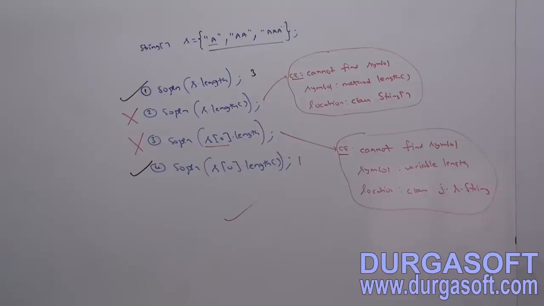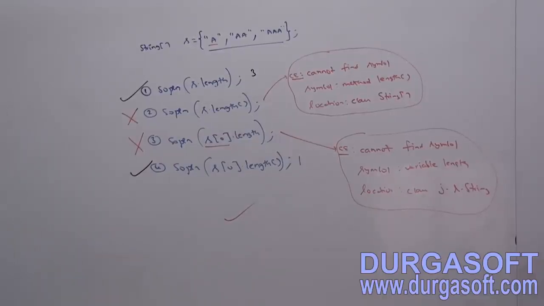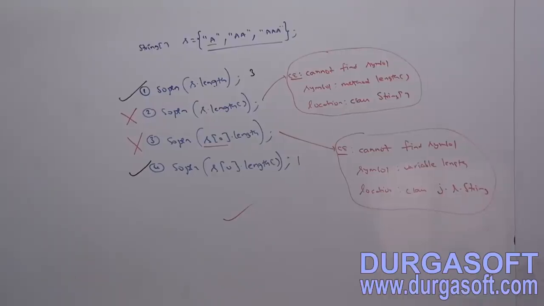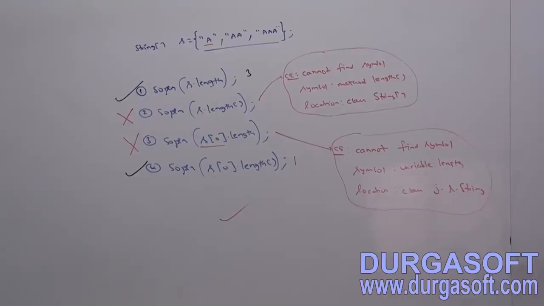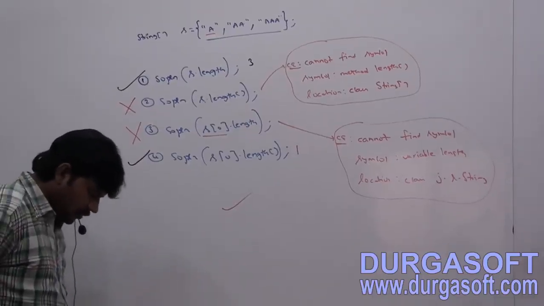Which symbol: method length, location class string array. Make sure. Completed, right?